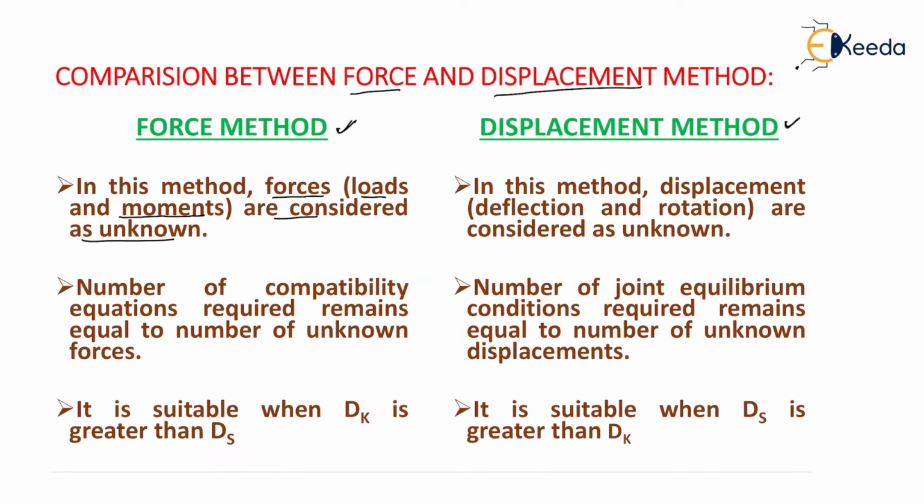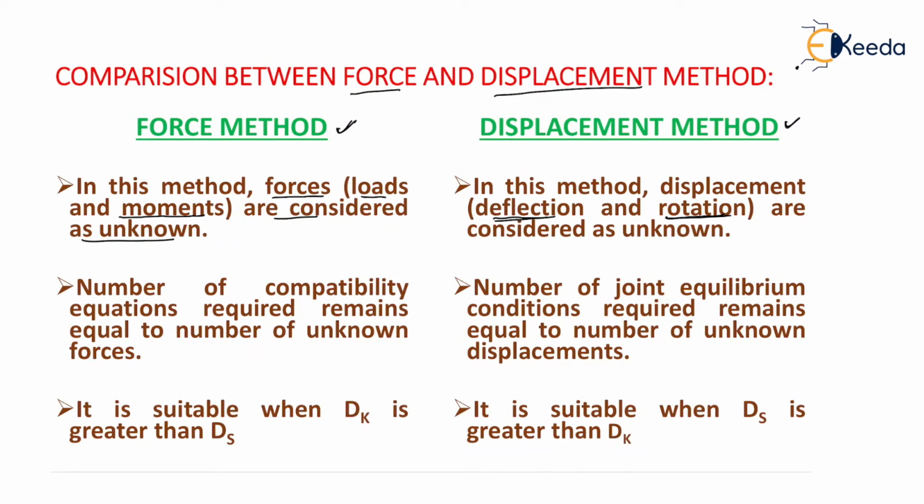Similarly, in displacement method, the basic unknowns are displacements, that is deflection or rotation. If the force applied is a load, then the deformation is deflection, or if the force applied is a moment, then the deformation is rotation. So in displacement method the basic unknowns are deflection or rotation.